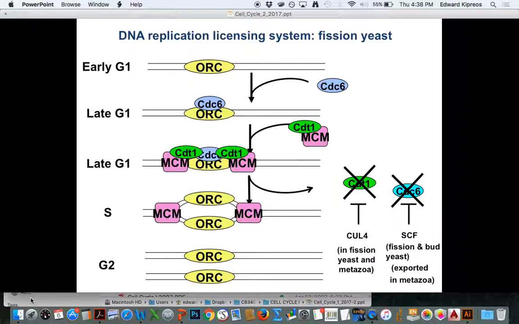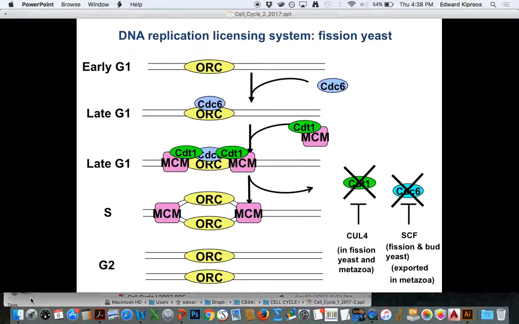So it's loading the helicase in G1, but the helicase doesn't get active until S phase. So what happens in S phase is you've activated the S phase cyclin CDK complex, which also activates another kinase. They're going to phosphorylate MCM, now allow it to open up the DNA, okay? So you're going to load the MCM complex in G1, but you're not going to activate it until S phase, all right?